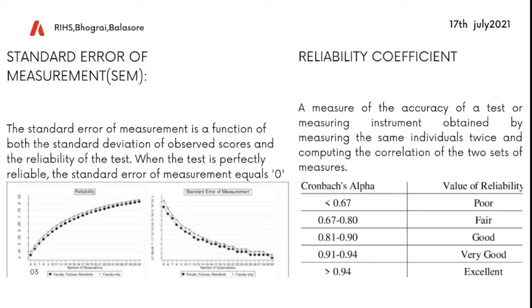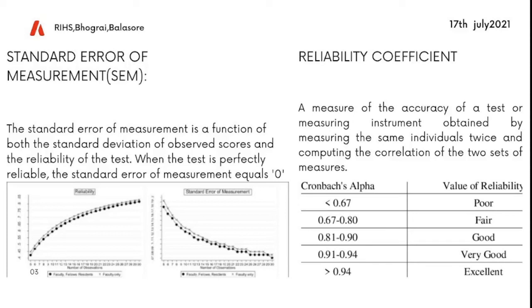The second one is reliability coefficient. The reliability coefficient is a measure of the accuracy of a test or measuring instrument, obtained by measuring the same individuals twice and computing the correlation of the two sets of measures.